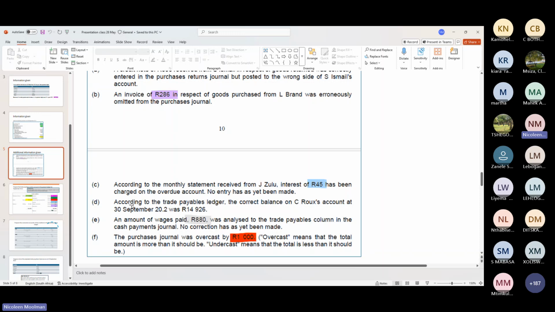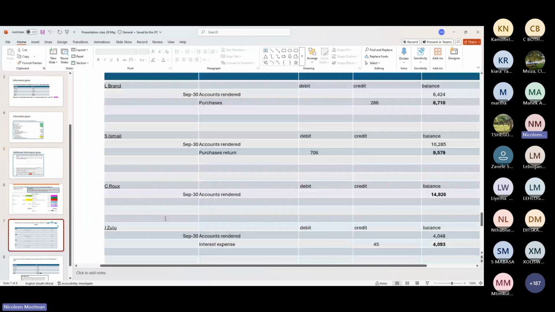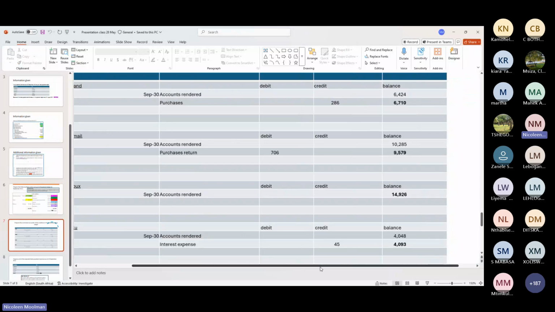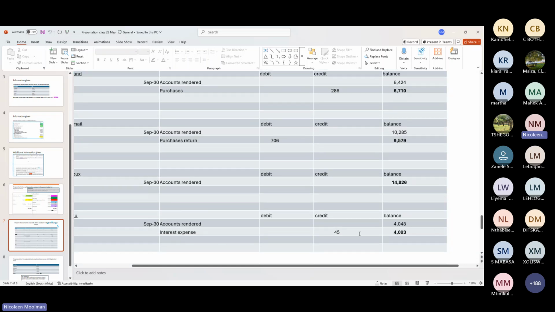That means that we are owing J Zulu more than what we actually have in our current books because they've raised interest on our overdue account, which is normal in practice. So in order to bring that in, we need to increase our balance of what we owe the creditor. So we have 4048 plus 45, which gives us the 4093 balance.